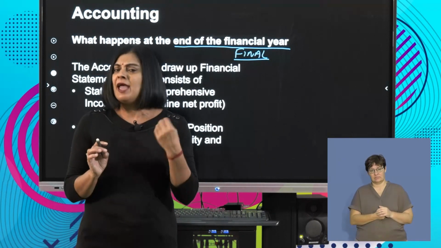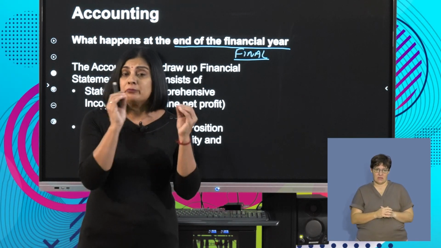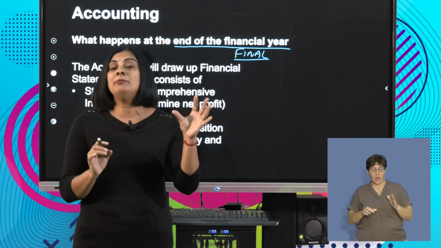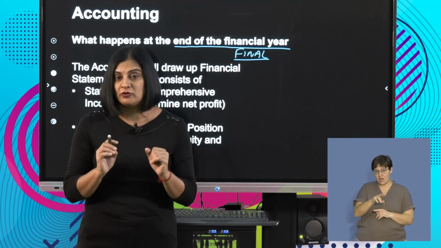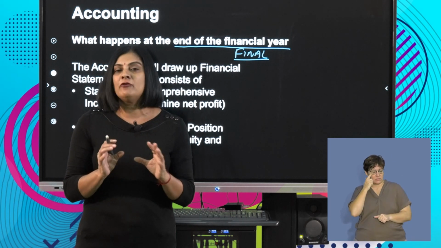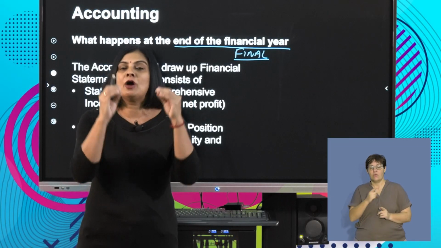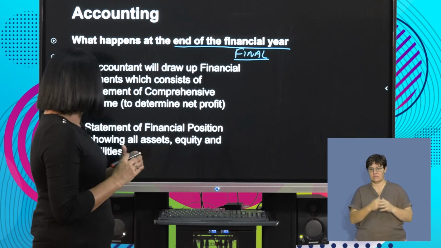Because as accountants, all we need are ledgers, and we can make important financial decisions based on the ledgers that we prepared during the course of the year, but not everyone understands accounting. Therefore, we take the ledgers and present them in the form of financial statements.